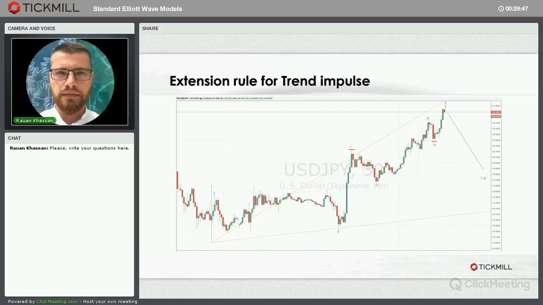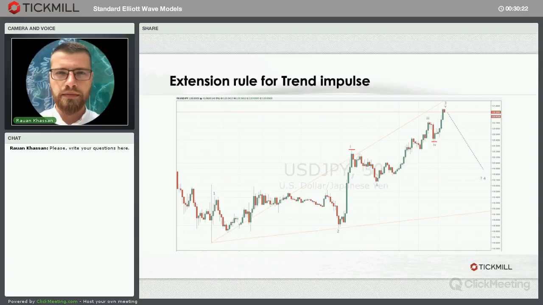So what do we know about wave number 4, which should develop? If we are going to cover it live, we need to get back to the alternation rule and remember that wave 4 should have a different time mean in comparison to the previous correction wave number 2. It also needs to have a different retracement ratio, different lengths, and probably a different structure.